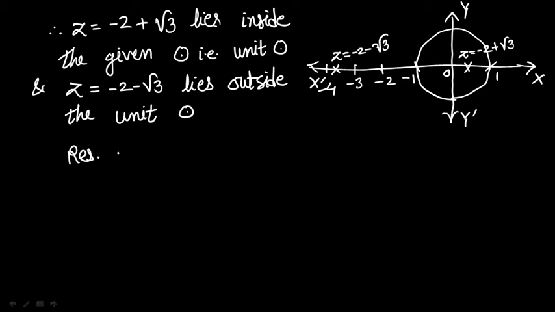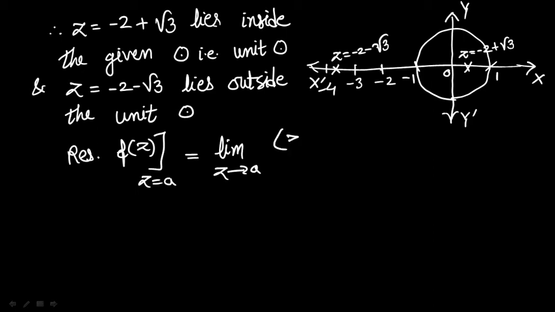Residue of f of z at z equal to a, this is the simple pole, is limit z tends to a, z minus a into f of z. Now substitute the value.